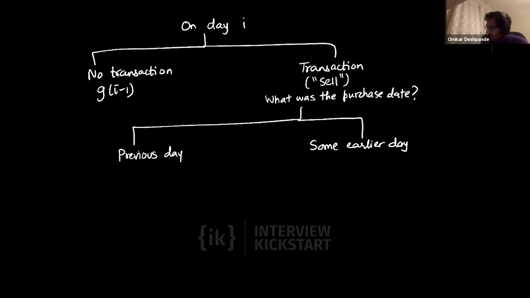So if the purchase date was the previous day, then the maximum profit that I would accrue to day I would be the profit from the last transaction, the final transaction, which would be the delta in the price.